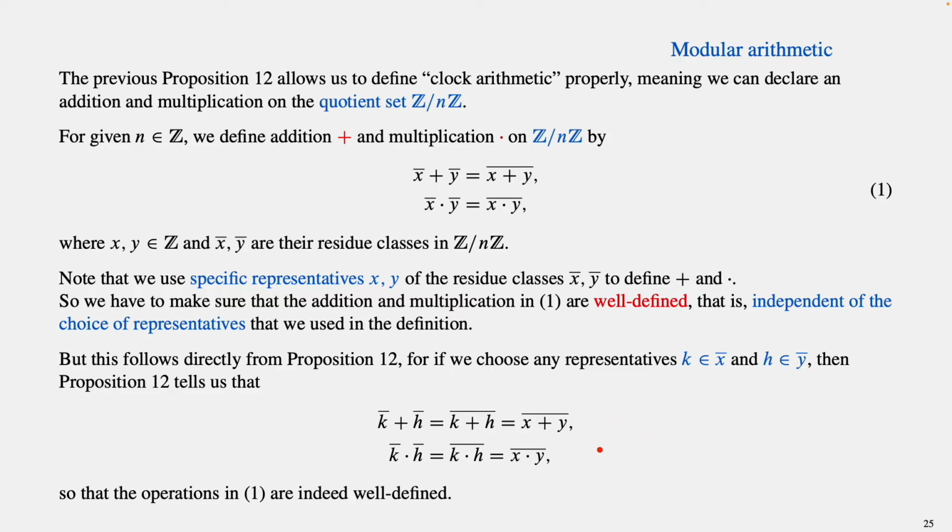And so this shows that the operations defined in 1 are indeed well defined. That means they are consistent irrespective of which representatives of the classes x bar and y bar we choose.